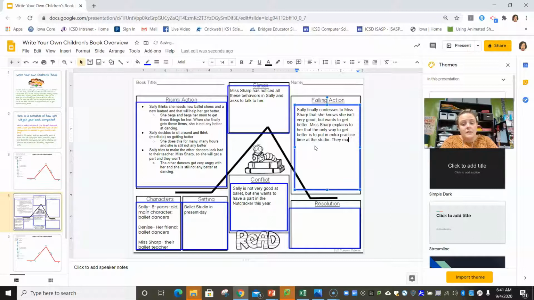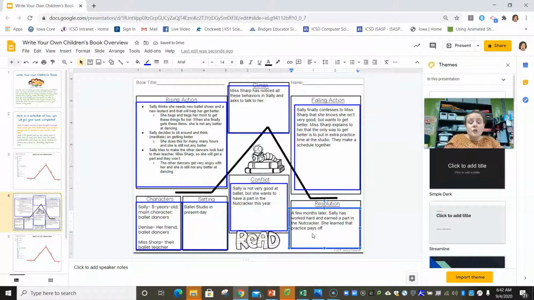They make a schedule together. And then the resolution: a few months later, Sally has worked hard and earned a part in the Nutcracker. She learned, and here's where that theme comes in, that practice pays off.